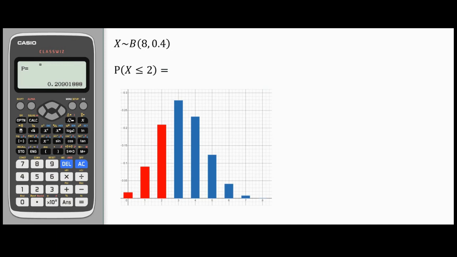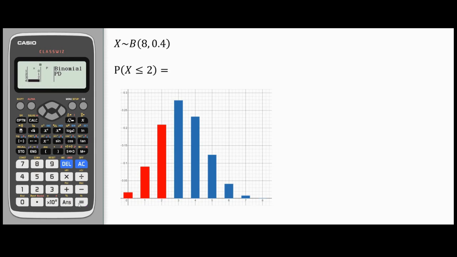For the second exercise, let's assume I want to find probability x less than or equal to 2. Now, there are 2 ways to do that. One, which I don't suggest, is to go to menu, again, distribution, binomial, P&D, but this time you enter list, and for the x values, you want to enter 0, 1, and 2. So 0, 1, and 2 equals.